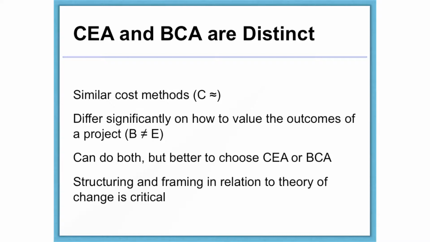You can do both, but it's not very helpful to think about doing both because you're going to have to collect different data for benefits and different data for effects and slightly different data for costs. So it's really much better to decide whether you want to do a cost effectiveness analysis or a benefit cost analysis.